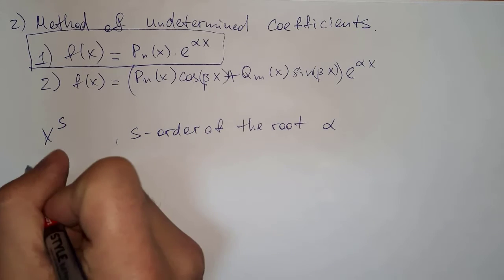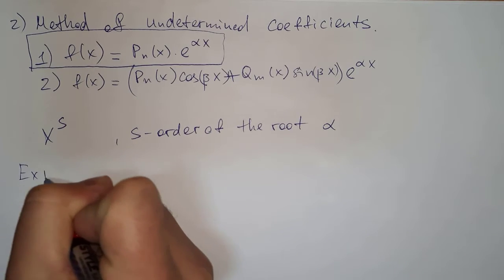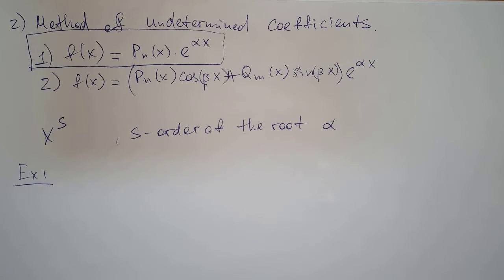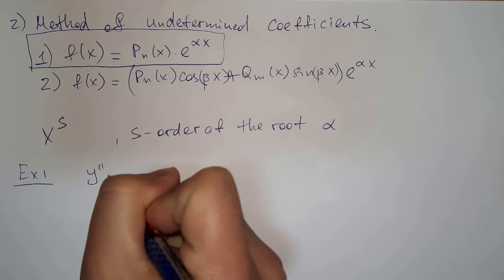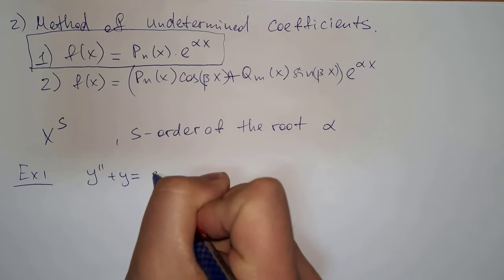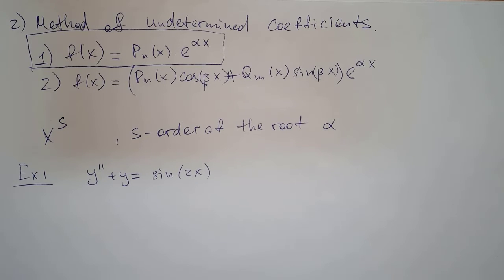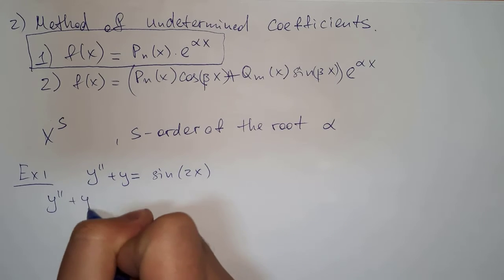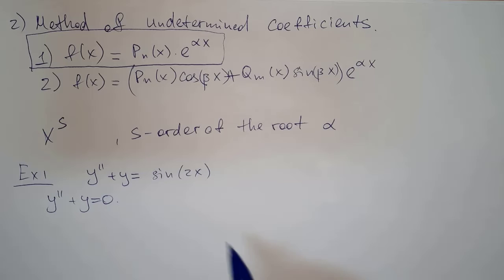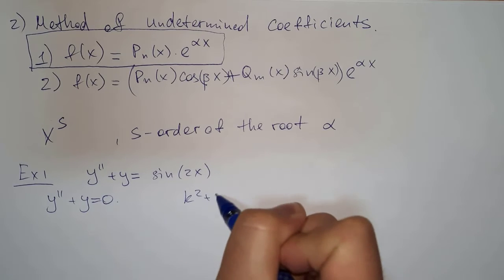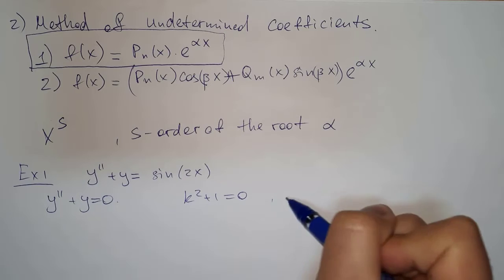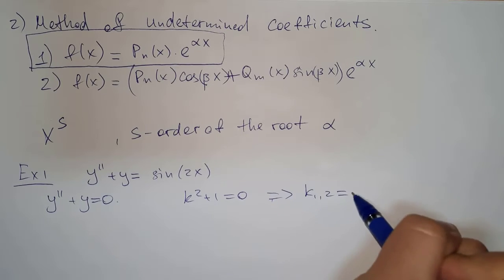And now let's consider the first example, exercise number 1. Solve the differential equation y double prime plus y is sine 2x. So let's do this equation with the first method, variation of constants. Firstly, we solve the related homogeneous equation, y double prime plus y is 0, and the roots of the corresponding characteristic equation k squared plus 1 is 0 are k1,2 equals plus minus i.